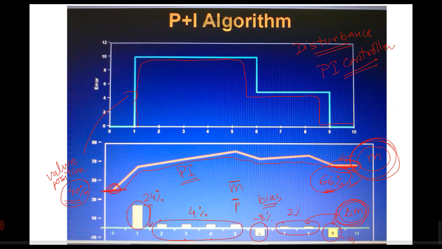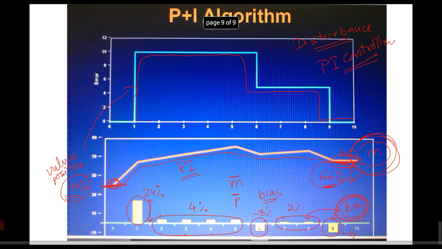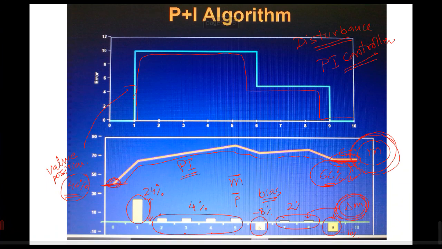The next slide is showing us an interesting view of the controller output. This is the load disturbance that we have. When the disturbance occurs, initially it was at the steady state of 40%, and after this load change and the error, we have a change of delta M. The first time it was huge, 24%, and successively for the next 4 steps it was 4% added by the I only.